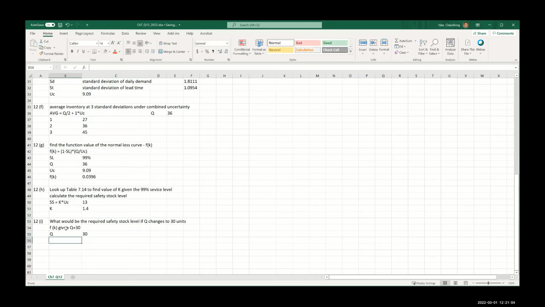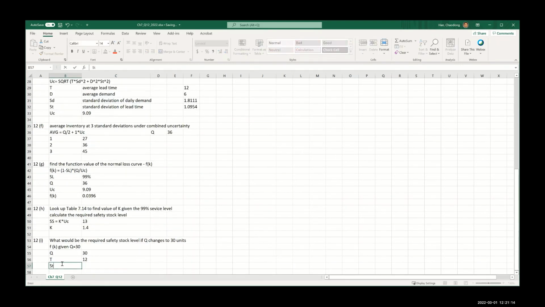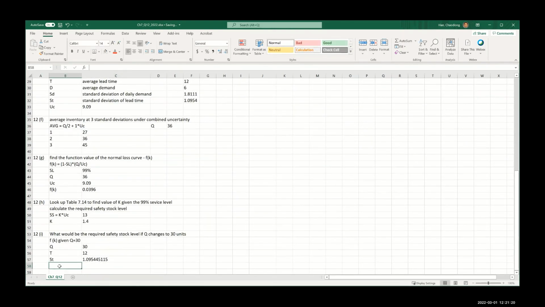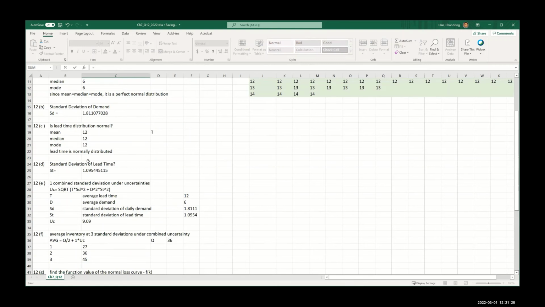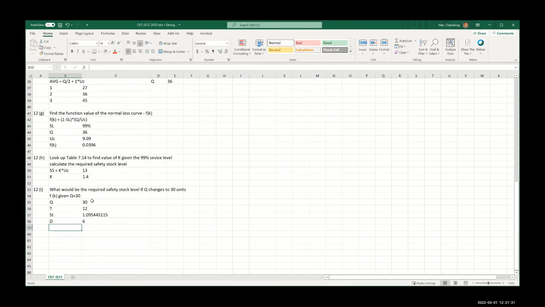And we still need T is 12, ST, which is 1.9, and average demand is 6.